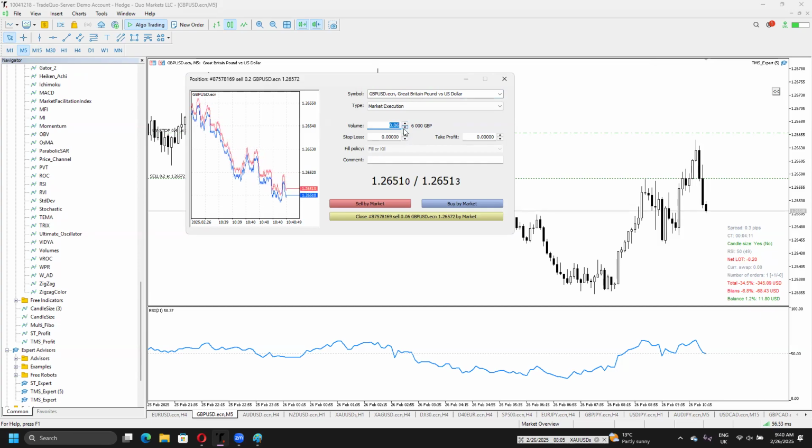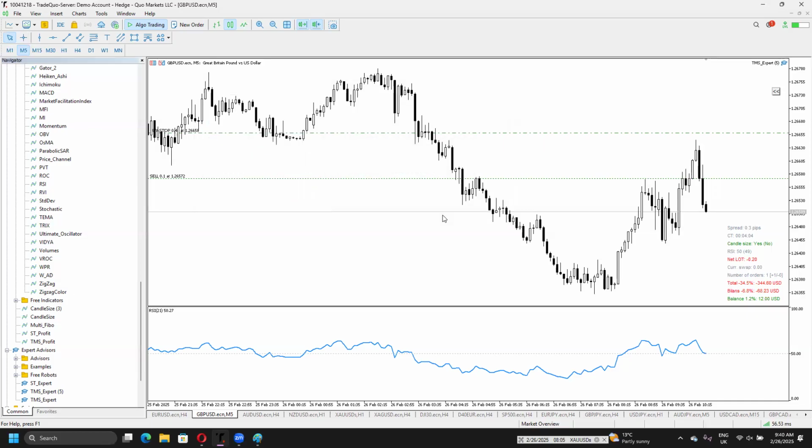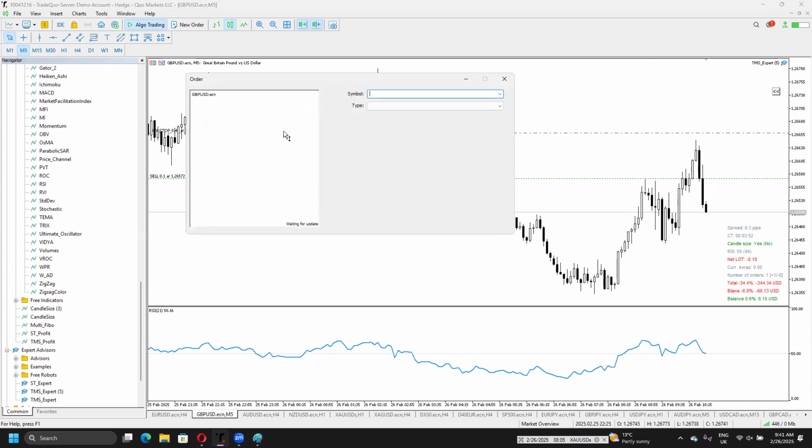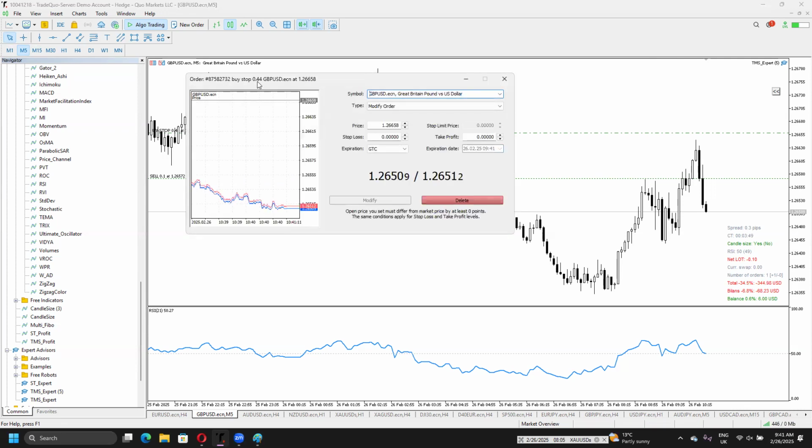We can close, let's say, an additional 0.1 from the 0.2 to leave only 0.1 in the market. Boom. And all you have to remember is to set up your security order, because right now, as you can see, our security order volume is 0.44 and our sell is 0.1.